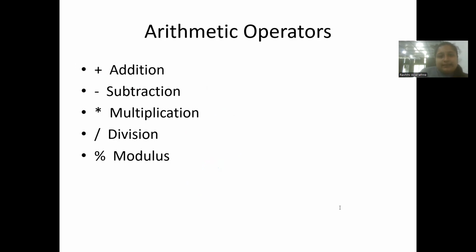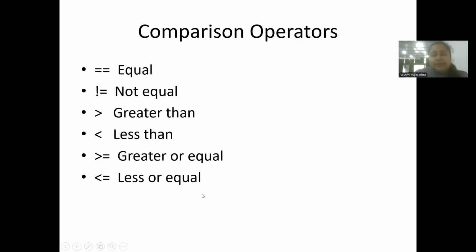Okay. The second one is not an arithmetic operator. The second operator type is the comparison operators. Okay, there are some comparison operators here: equal, not equal, greater than, less than, greater or equal, less or equal.